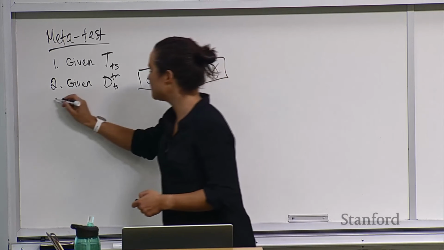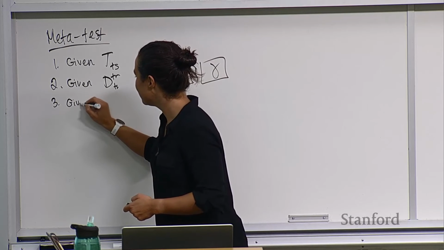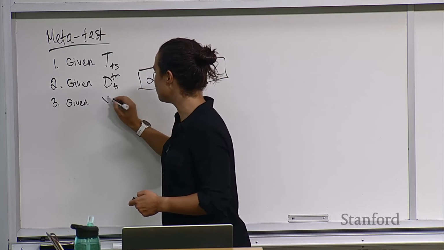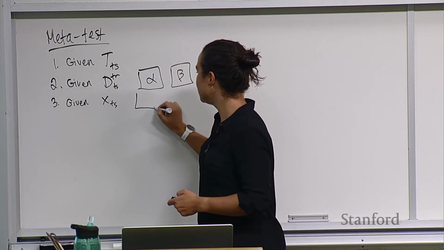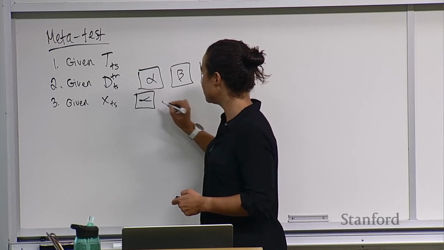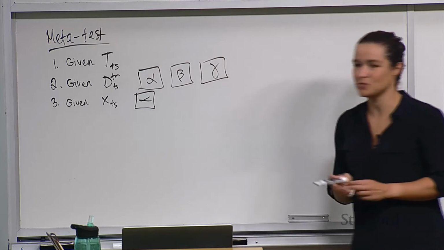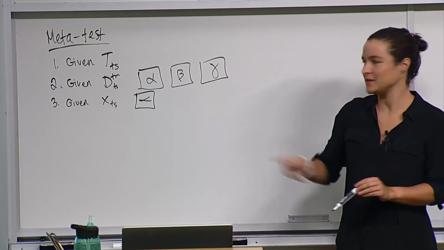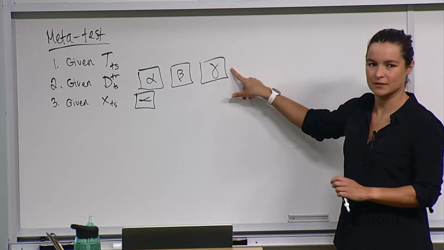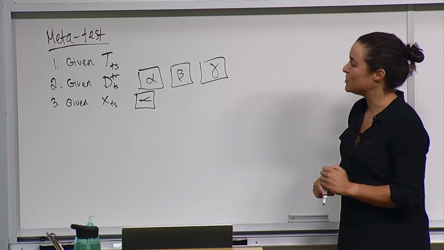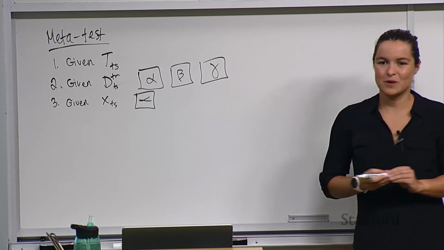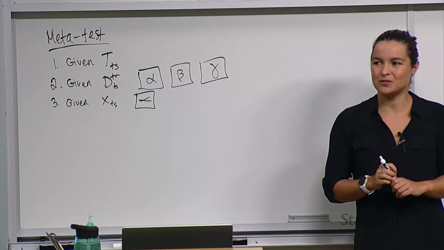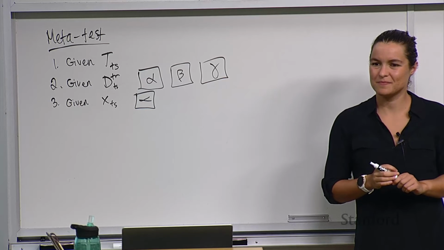And then you're probably also given some test examples. So maybe you're given an example that looks like this, and you want to be able to classify this example given your few training examples. And so does anyone want to say what we might do at meta test time?